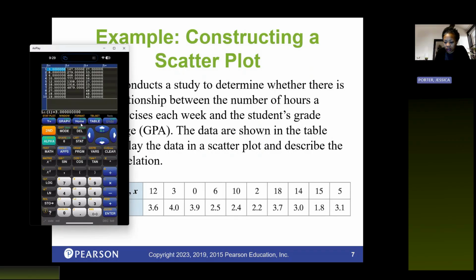is go stat, edit. Now I've got some information in my list one. So what I did was I went up to L1 and I pressed clear, then enter. That gets rid of the whole column. I'm going to do that on all of these just so we don't have stuff cluttering the way. So I've got my list one, and I'm just going to put in the values 3, 0, 6, 10, 2, 18, 14, 15, 5.